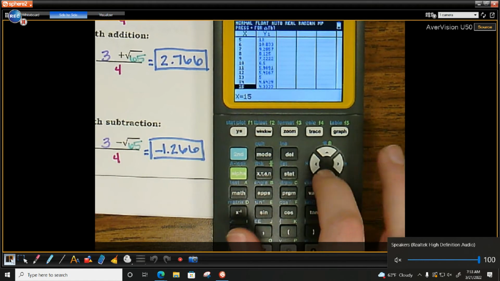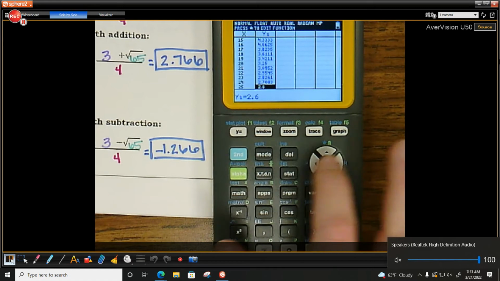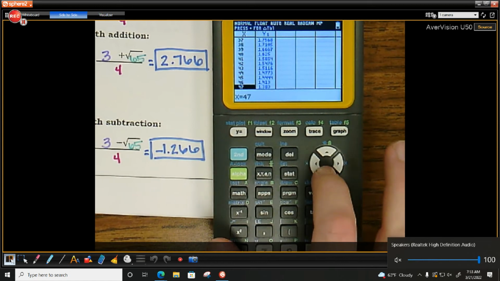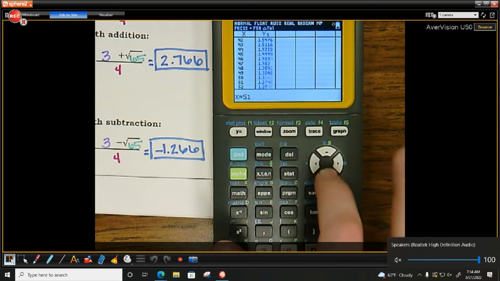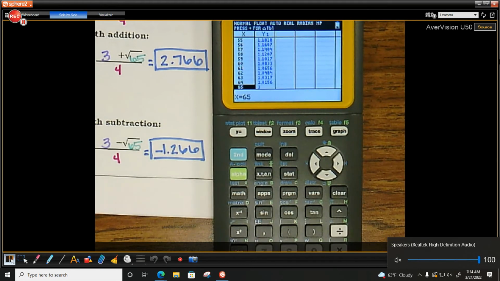No. 25? No. 36? No. 49? No. 64? No. And I can stop there because it's not going to be divisible by a perfect square that's larger than it. So if I have 65, I'm looking for the perfect squares lower than 65. Is it divisible by any perfect squares less than 65? No, so it can't be simplified.